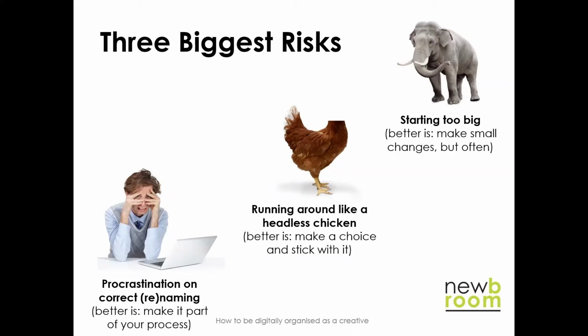Make it part of your process, because it may feel like a dull task, not one you enjoy, but if you don't do it at the time of creation of a file, you won't be doing it afterwards. So make correct naming part of your process. And for renaming, once again, like that elephant, do it in little chunks. Boring tasks are best swallowed in small bites.